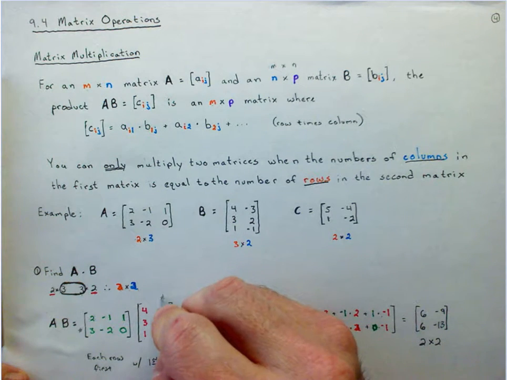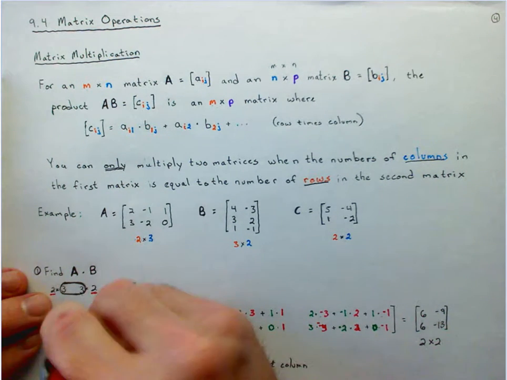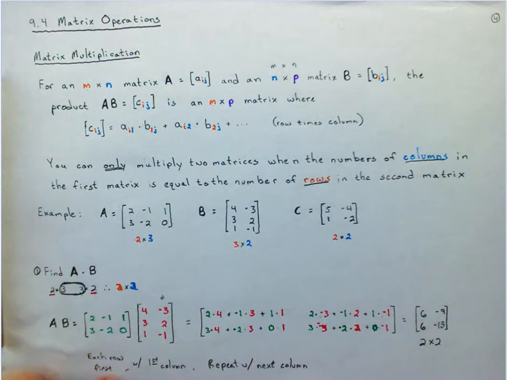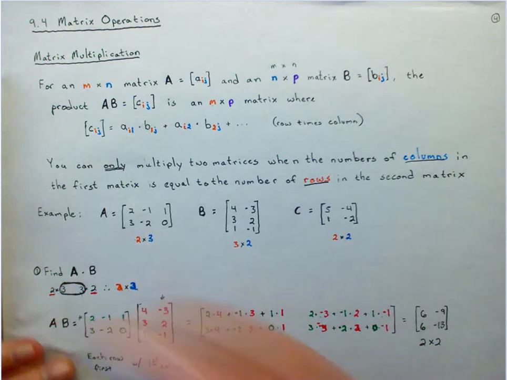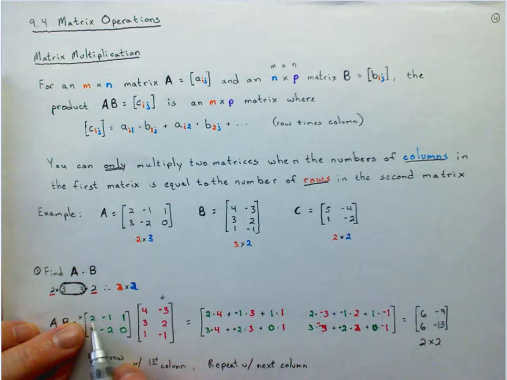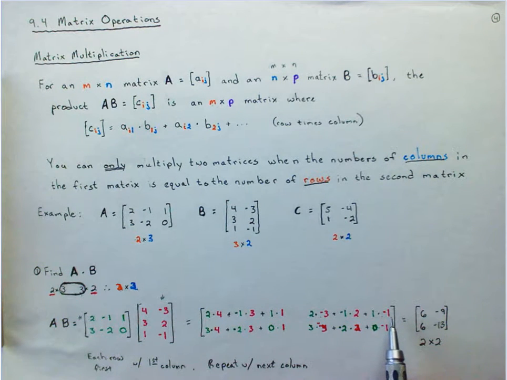Now I'm over here with my stuff, and I'm going to start again with row 1. Row 1 times the second column. So I mark row 1. That's going to be 2 times negative 3, negative 1 times 2, and 1 times negative 1.